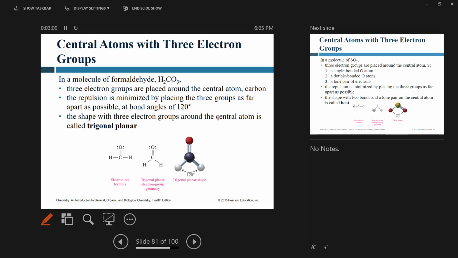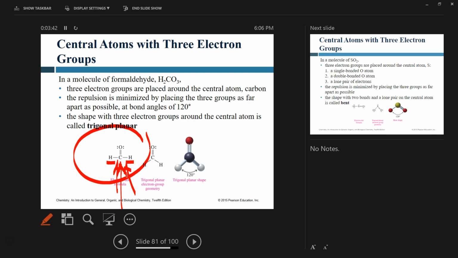So if we move on to another molecule, a molecule of formaldehyde, okay? Now in this case we need to look at the arrangement of the bonding pairs and the lone pairs again. So in the molecule of formaldehyde, you have two bonding pairs between the hydrogens and the carbon.